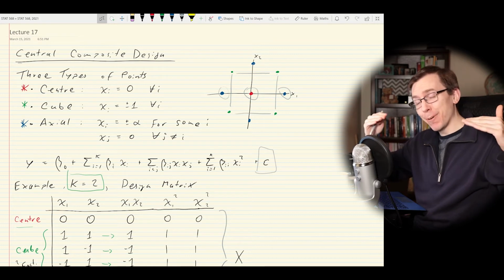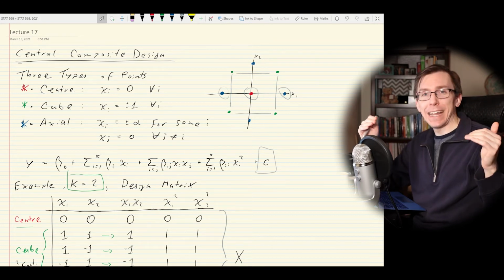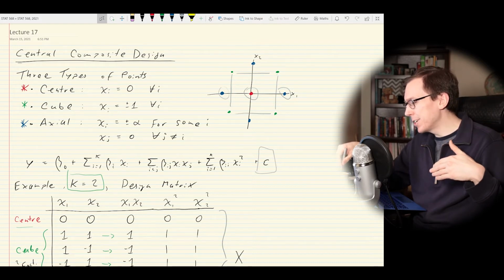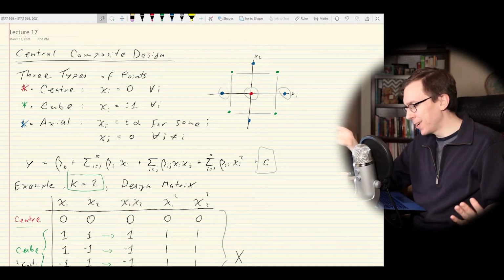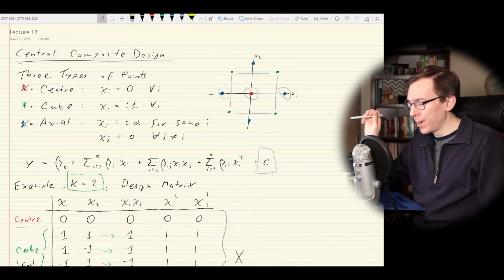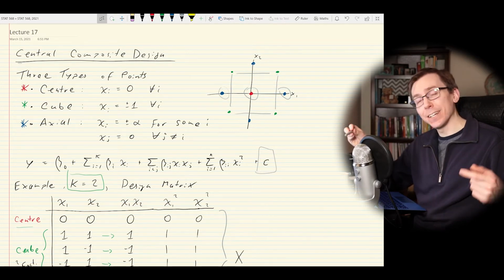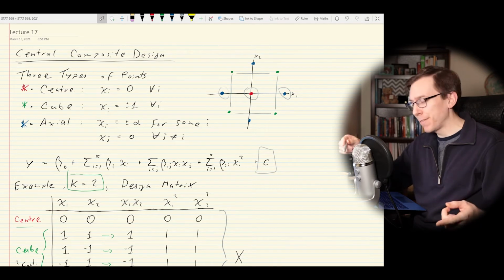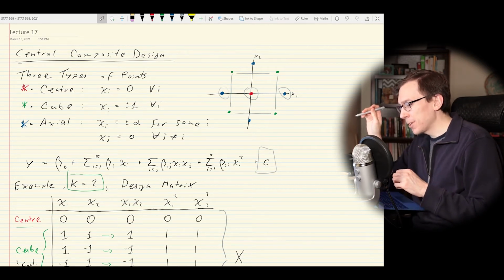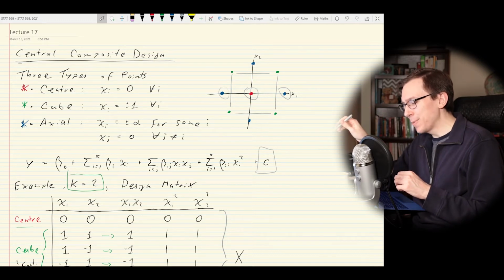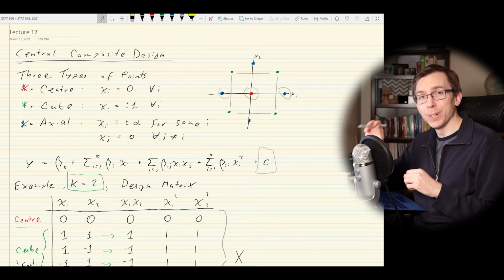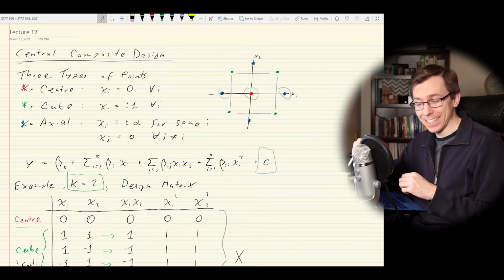And if we have 3 points in a line, that means we can estimate a main and a quadratic effect for each of x1, x2, and so on, but we can't get any interactions. The cube points are going to give us the interactions, and they're going to give us more information on the main effects. But, and here's the key thing, we're allowed to alias a two-way interaction with a main effect, but we can't alias two-way interactions.